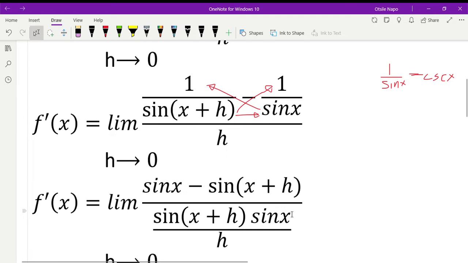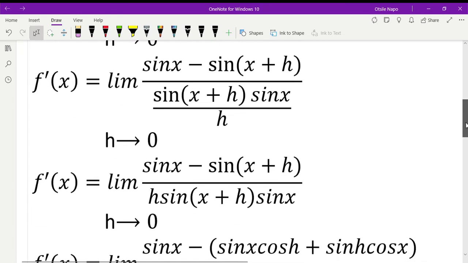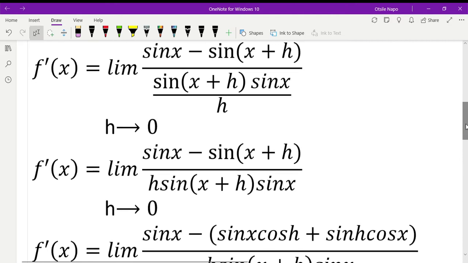So that will be divided by the multiplication of the two denominators we are having up there, divided also by h. So don't forget to write the limit. The limit is very important.